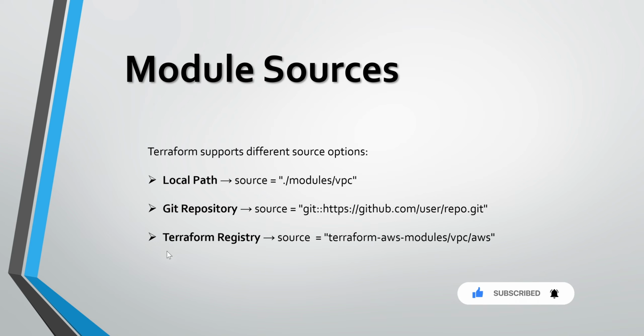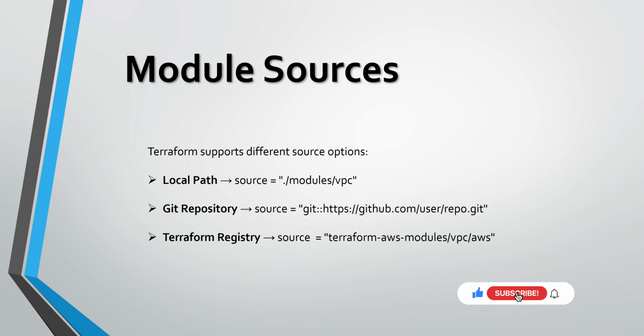Now, a third way is the Terraform registry. Terraform also provides a feature that lets you publish your module on the Terraform registry. How to publish a module on the Terraform registry, we will discuss maybe in upcoming videos.